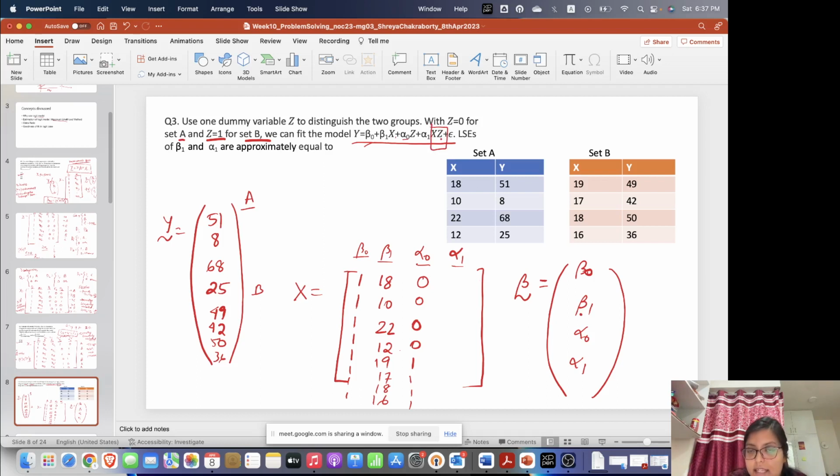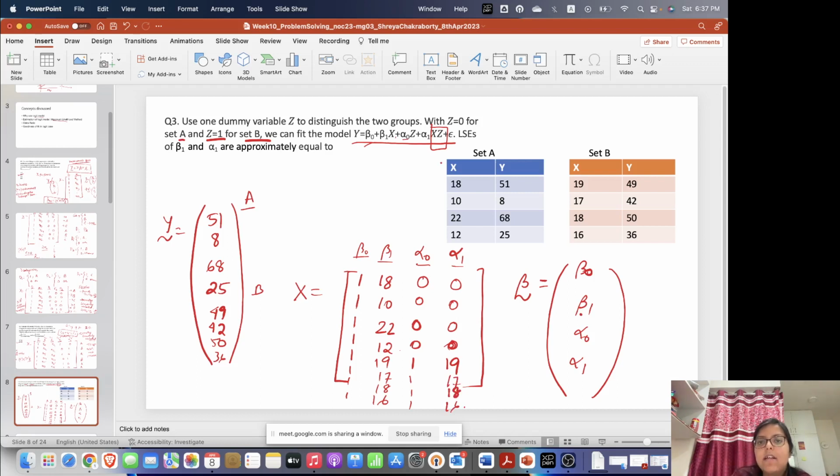This is xz. So for the first category, z is 0. So here we would have 0, 0, 0, 0. For the second category, for set B, z is 1. So we will multiply 1 with the x's of B category and then place that here. So for set B, x into z, z is 1. So here we would write 19, 17, 18, 16.